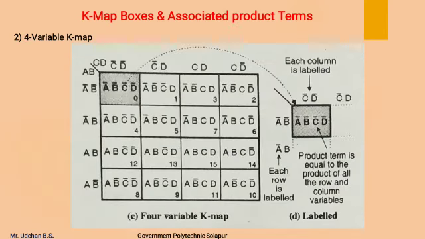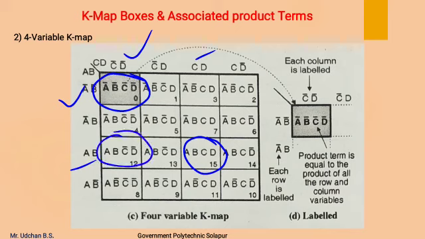Now this is the 4 variable K-map and the product terms related to each box are written. For this, A bar, B bar and C bar, D bar variables are related, so the product term will be A bar, B bar, C bar, D bar. For this, the related terms are AB and CD, so the product term is ABCD.